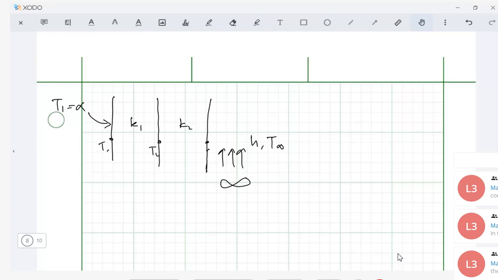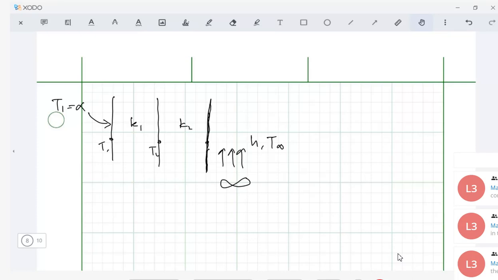So maybe this here is 80 degrees, and here maybe 60 degrees, and T infinity is 25. What do you think will be the temperature on this surface here? Will it be 60 or less than 60? Of course, it will be less than 60 because we have a fan that cools the surface here.